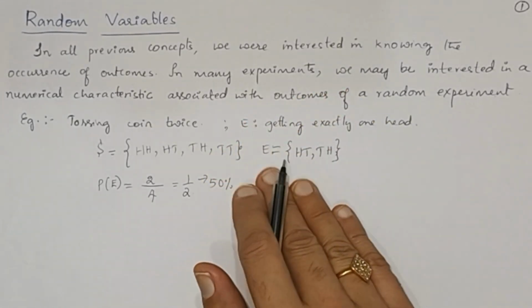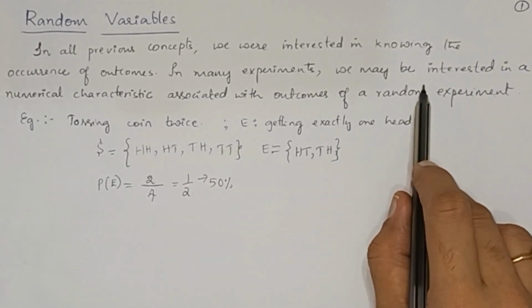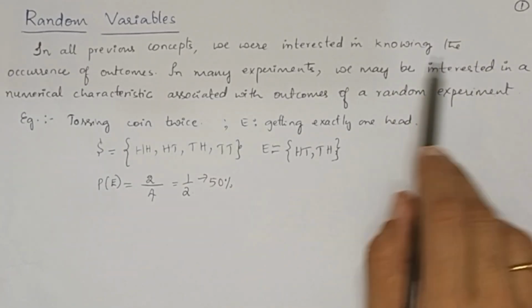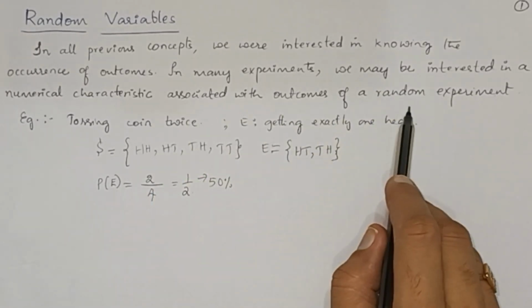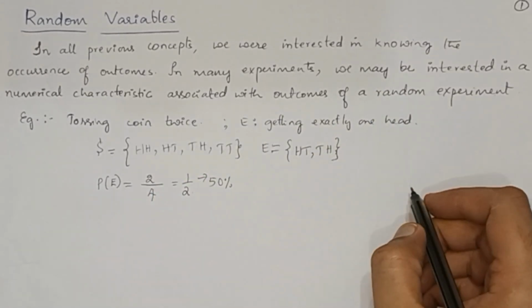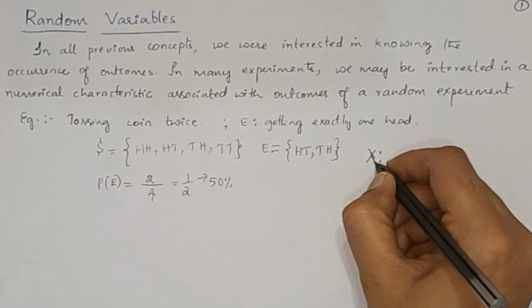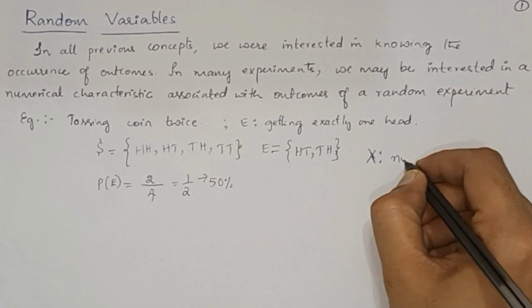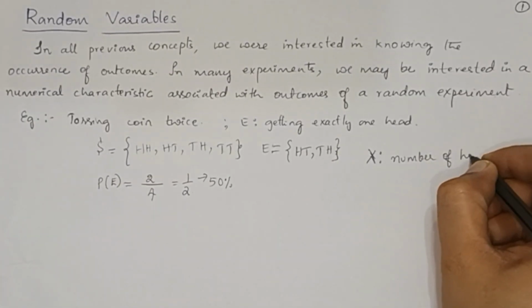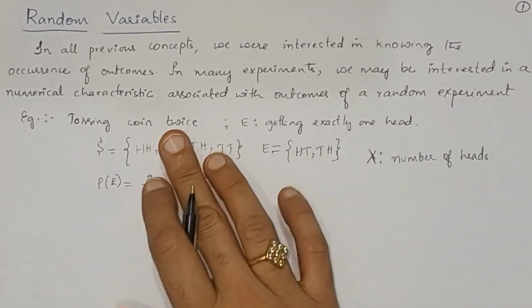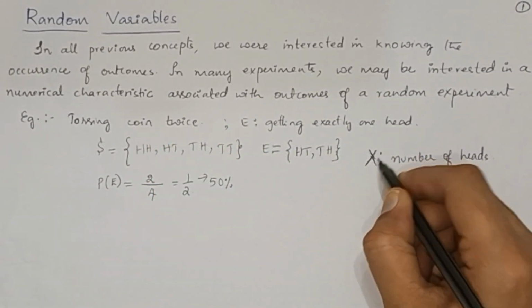This we did in the previous concepts, but now we have to associate a numerical characteristic to each outcome of a random experiment. For example, I will define a variable x as the number of heads when you toss a coin twice. So how many values can x take?